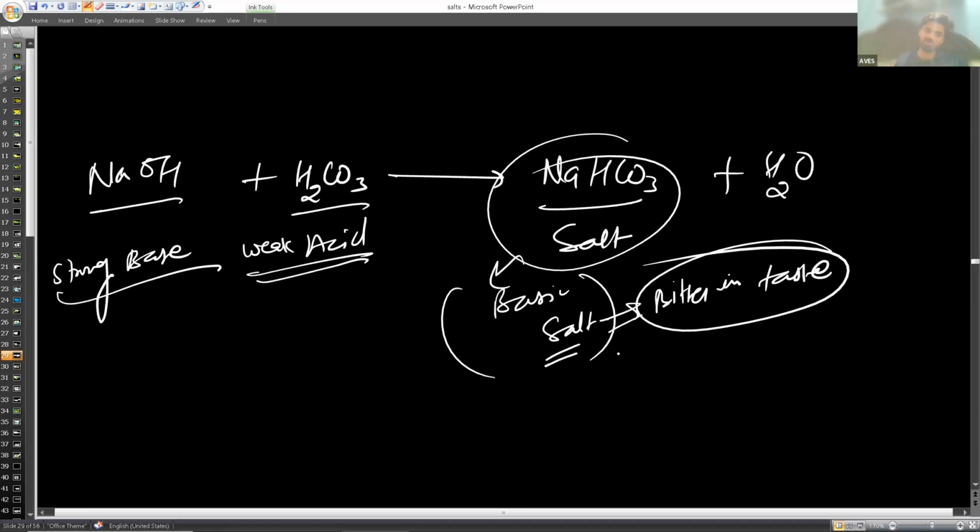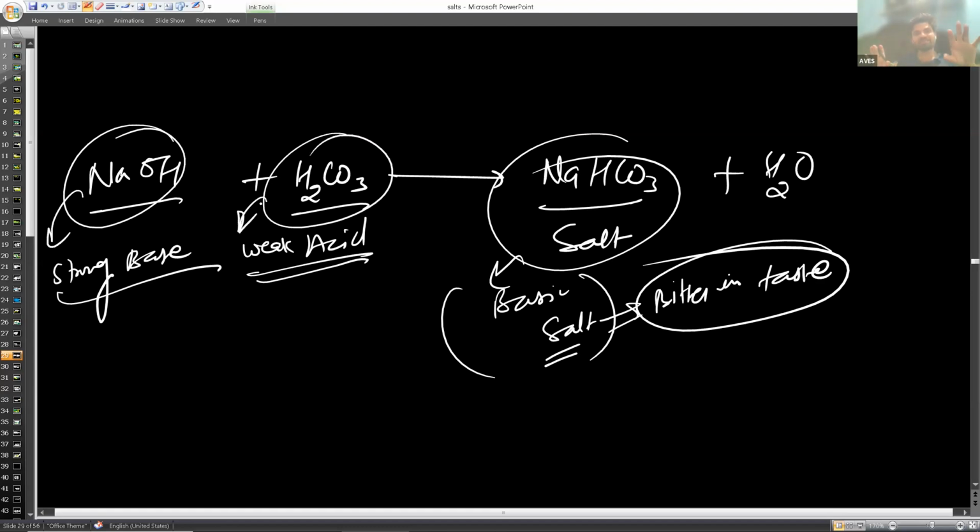Okay. So I'm saying here that if I give you the parent acid and base of sodium hydrogen carbonate, sodium hydrogen carbonate is formed when NaOH reacts with H2CO3. So NaOH is a strong base and H2CO3 is a weak acid. When a strong base reacts with a weak acid, what will it give you?